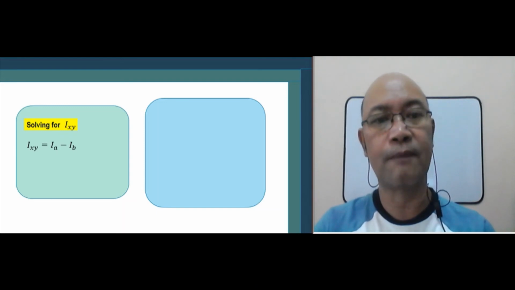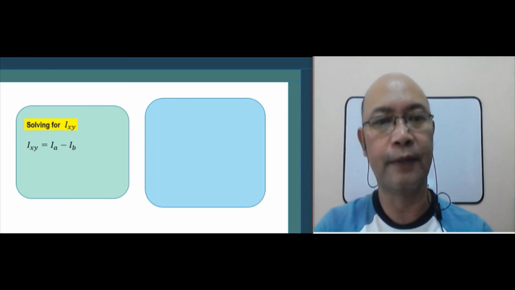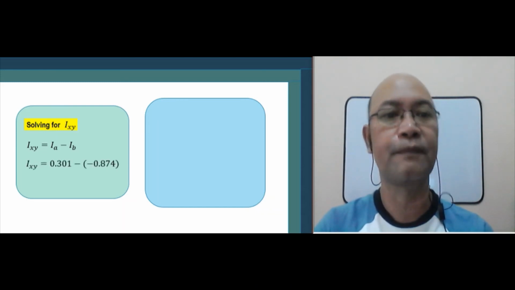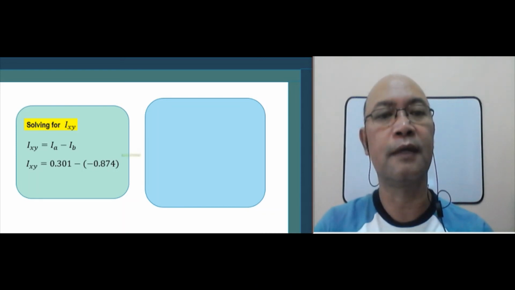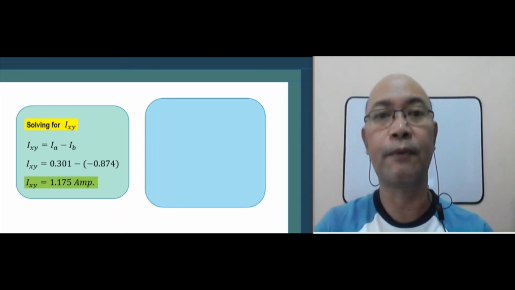But if you want the answer to be positive, meaning the assumed direction is correct, then we'll just use IA minus IB. Substituting those two values, IXY is equal to 0.301 minus the negative of 0.874 for IB. Our answer for IXY will become 1.175.